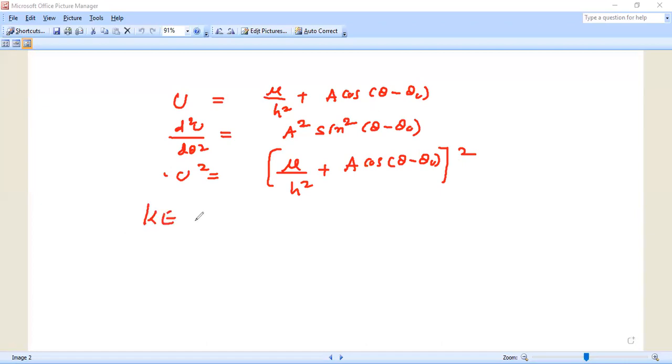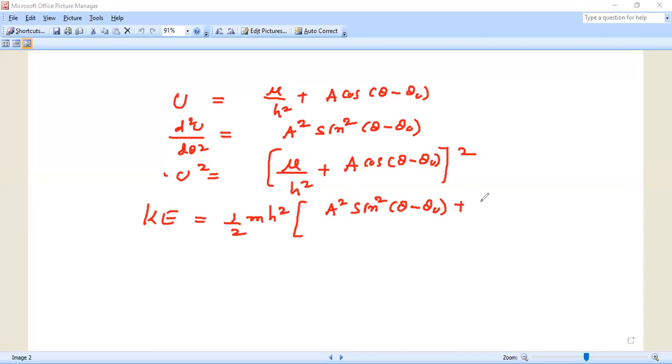Half m h square into that, d square u by d theta square a square sine square theta minus theta naught plus u square.